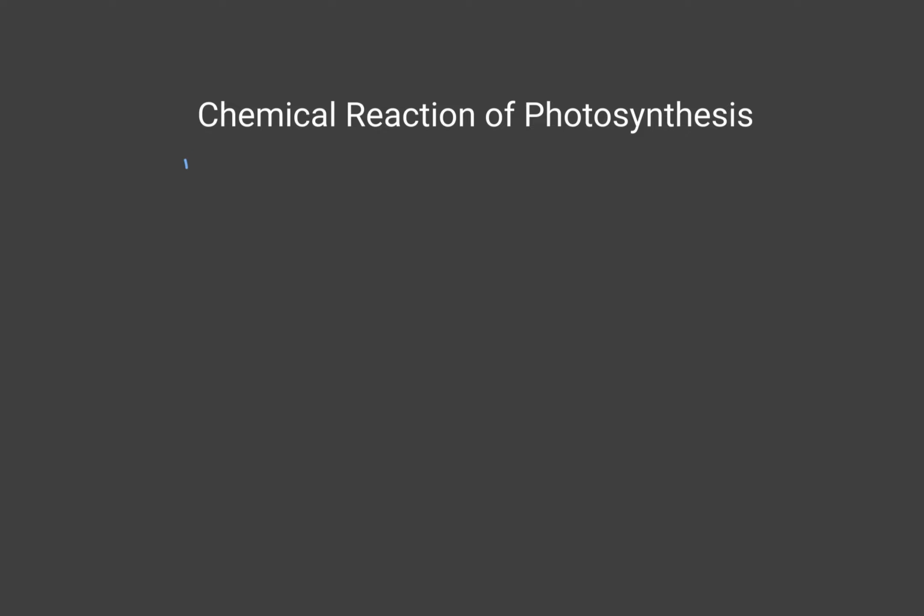So like I said, we have our reactants. And the reactants in this equation are carbon dioxide and water. So the only two molecules that plants need for photosynthesis to occur are carbon dioxide and water.